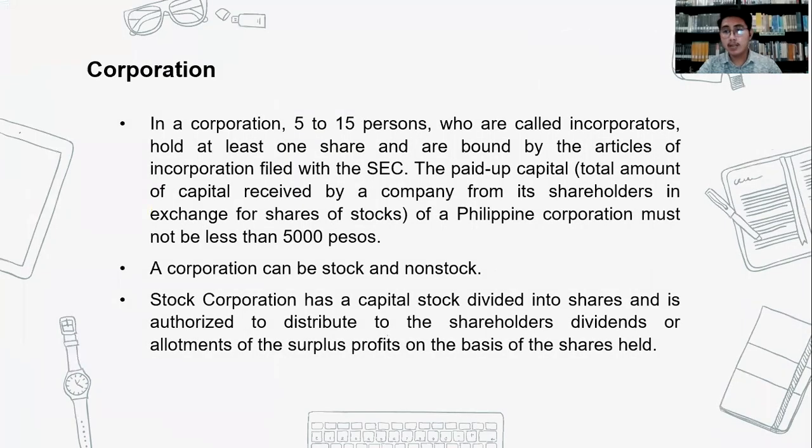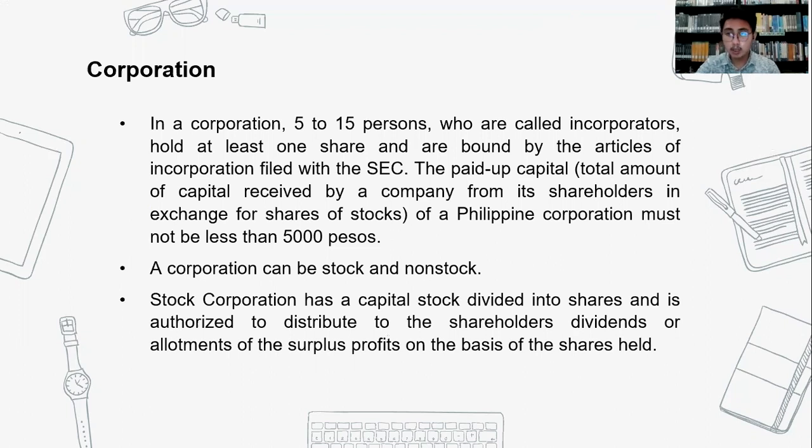Next, we have another form of business organization, which is the corporation. So the corporation is for 5 to 15 persons, wherein they call themselves incorporators or shareholders. So these incorporators or shareholders need to hold at least one share and are bound by the articles of incorporation filed with the SEC.